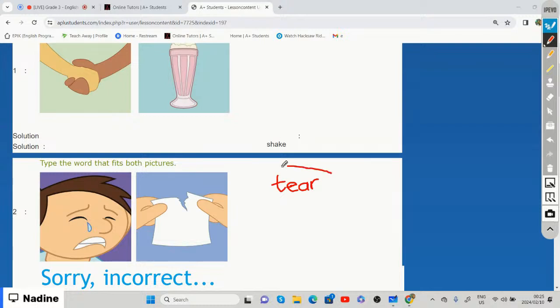However, the spelling of the word is the same. Yeah, so well done. So both tear as well as tear, the spelling of the word is the same, but they are sounding different.